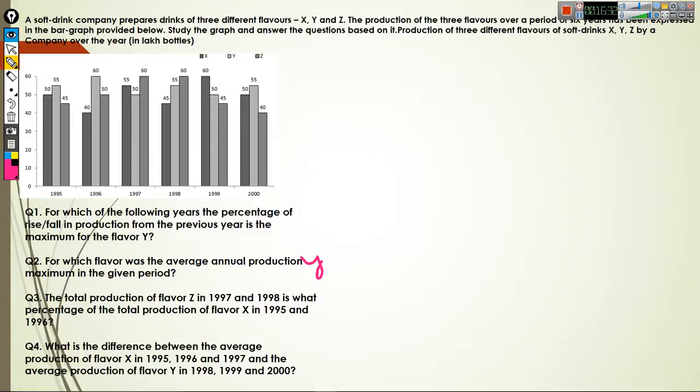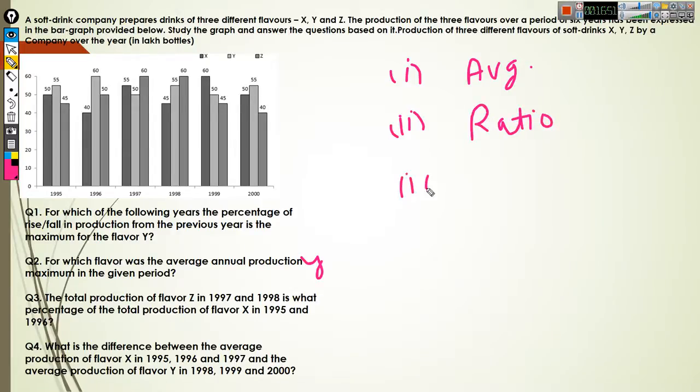Now, the next question. Actually, in data interpretation questions, what you usually have to find is, I will tell you: number one is average, number two is ratio, number three is percentage increase or decrease.